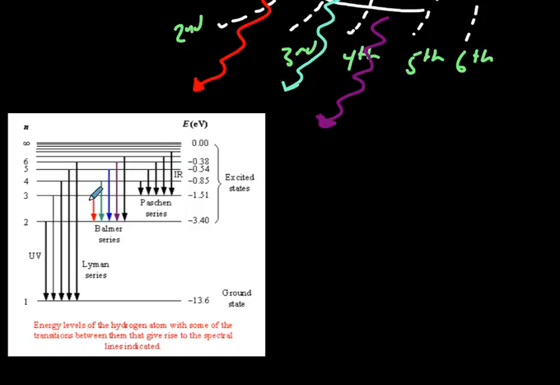But here they are falling to the second level, and that's called the Balmer series. That's what we can actually see. Then here they are falling into the UV, giving off so much energy, more energy than the visible spectrum. So that's in the UV spectrum. And then if they fall to the third level, that's low enough energy that it's on the other side of the spectrum, which is the infrared.